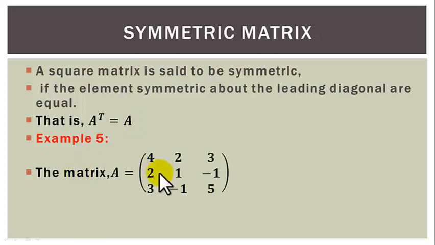This is a 3 by 3 symmetric matrix. As you can see, this is the leading diagonal. These two elements are symmetric about the leading diagonal. You can see they are equal. This one and this one are symmetric about the leading diagonal. They are equal. These two are also symmetric about the leading diagonal. So this matrix A is a symmetric matrix.